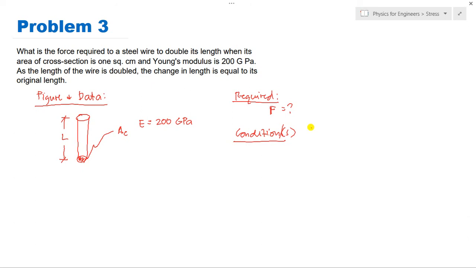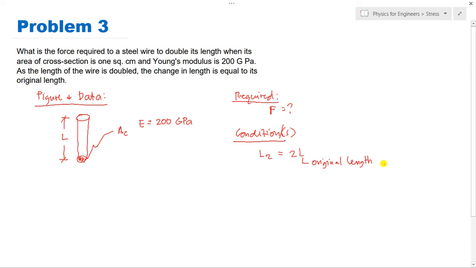So force daw kung atong length kay mo double. So let's say we have a second condition. Let's say the second condition is L2 na lang. So L2 is equals to 2L, wherein L is the original. This is the original length.